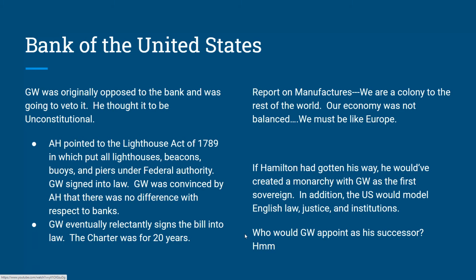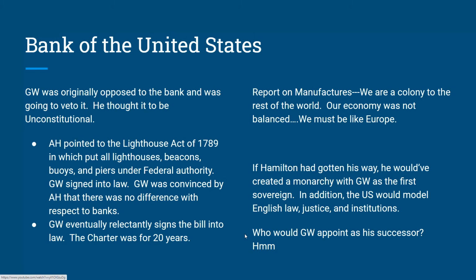And nowhere in the Constitution does it say that we can build a bank. And Washington originally believed this to be true. He thought the bank was unconstitutional because nowhere in the Constitution did it give the government the power to charter a new bank. But Hamilton pointed out, if you look at this first bullet, that the government in 1789 passed a law building lighthouses.